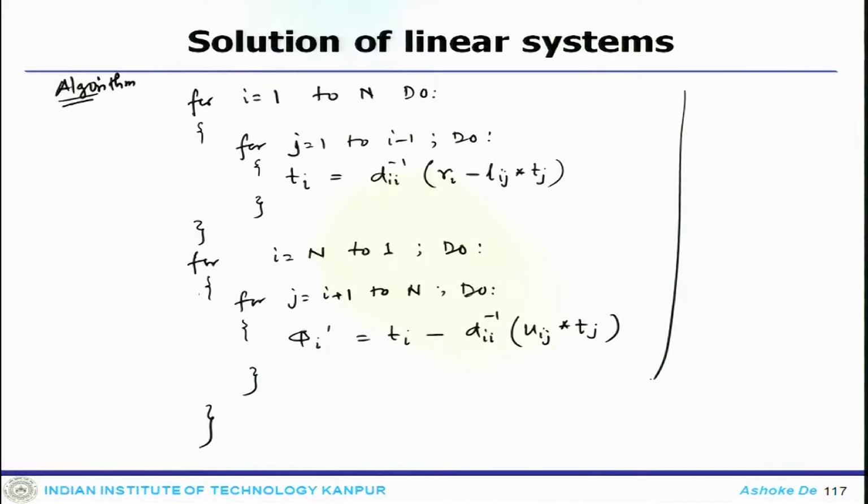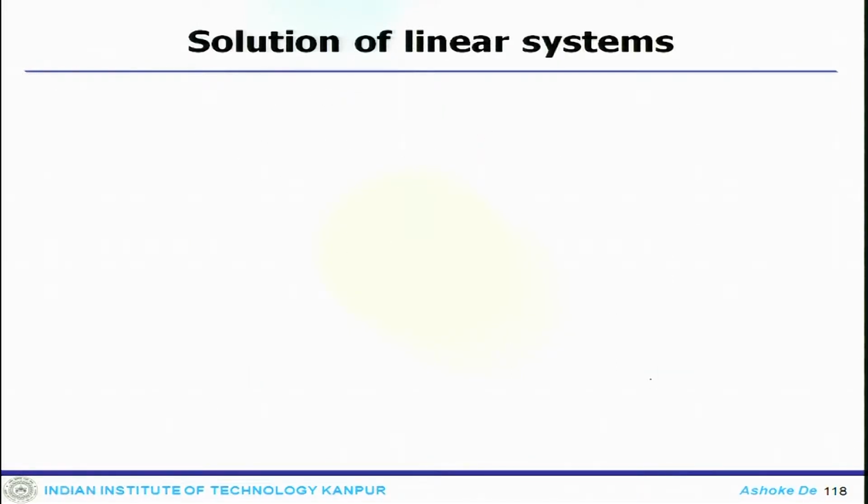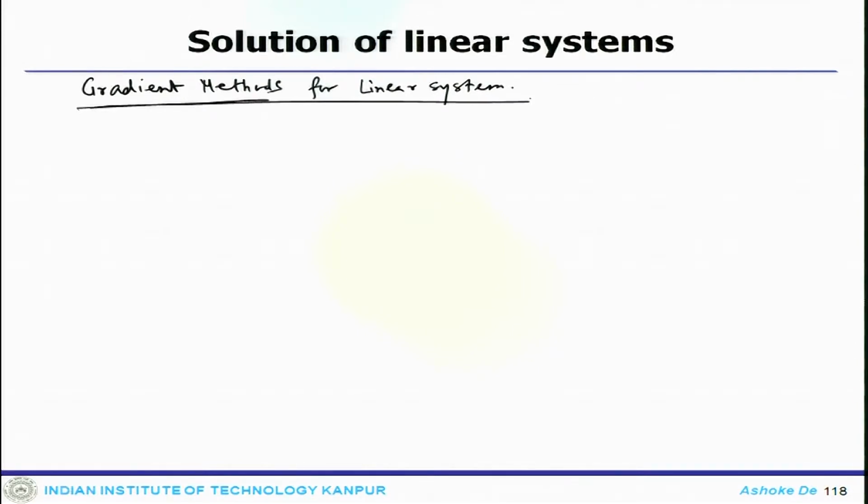Now, we will move to another class of methods which will be helpful to solve this kind of algebraic system, which are gradient based methods for linear systems or the linear solver. So, this is another group of iterative process.